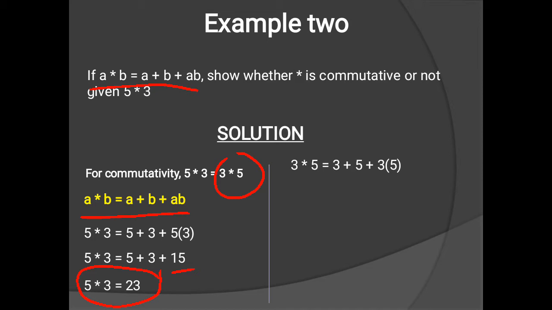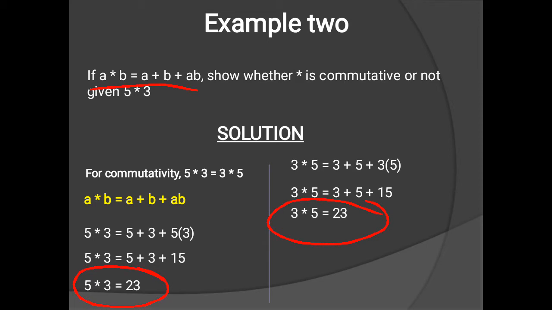So 3 operation 5 is equal to 3 plus 5 plus 15. 3 plus 5 is 8. 8 plus 15 is also 23. So now you can see 5 operation 3 gave us 23. 3 operation 5 also gave us 23.